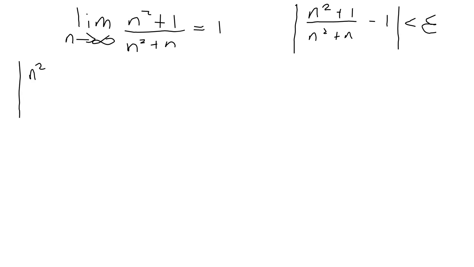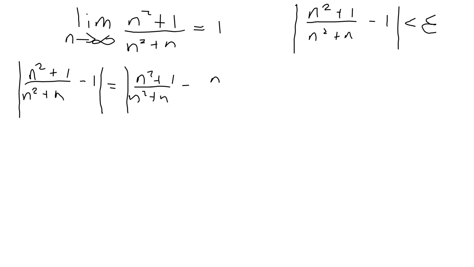So n squared plus 1 over n squared plus n minus 1 is equal to n squared plus 1 over n squared plus n, minus n squared plus n over n squared plus n. I'm just writing the denominator over itself, to get 1.